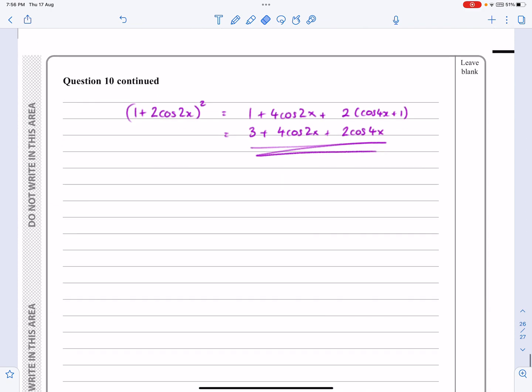So again, we need to just explain it to the examiner first of all.